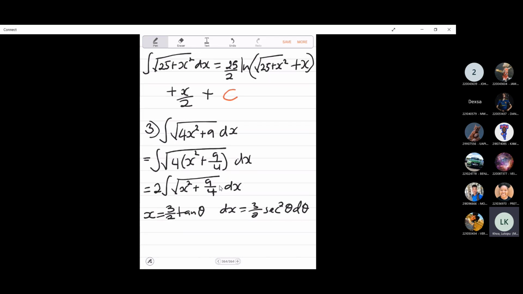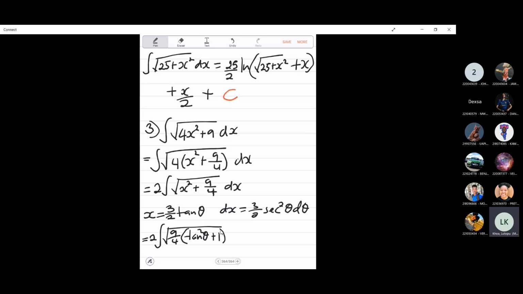Okay, then proceeding as always, we make the substitution. So we have 2, the integral of the square root. So x squared will be 9 over 4 tan squared theta. So I can see 9 over 4 is a common factor. Then I have tan squared theta plus 1.